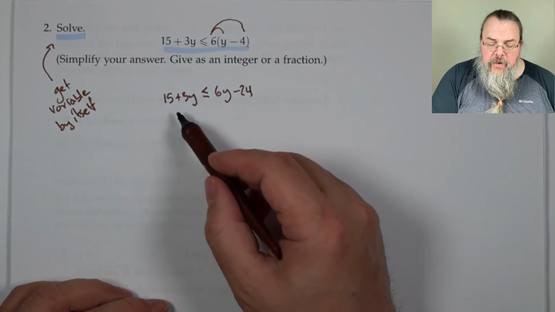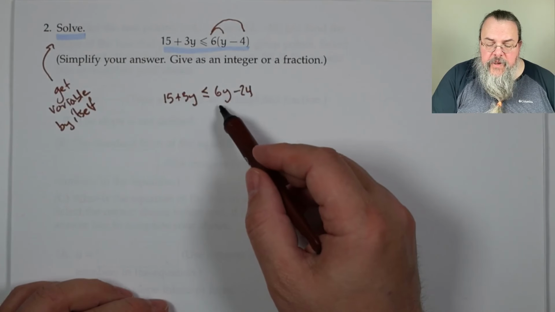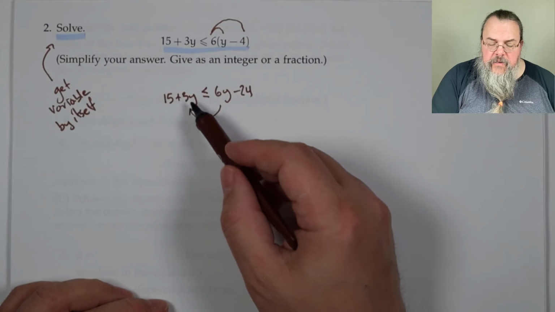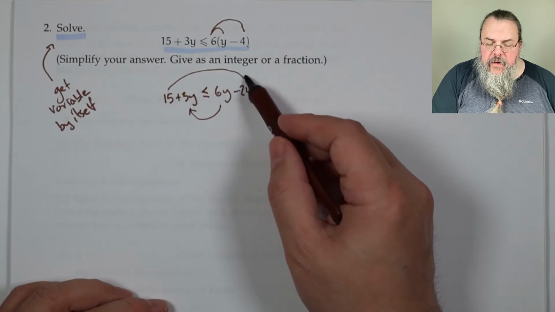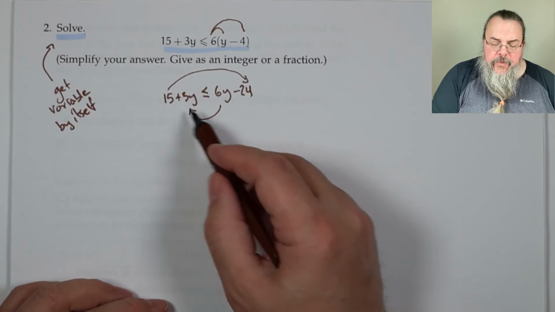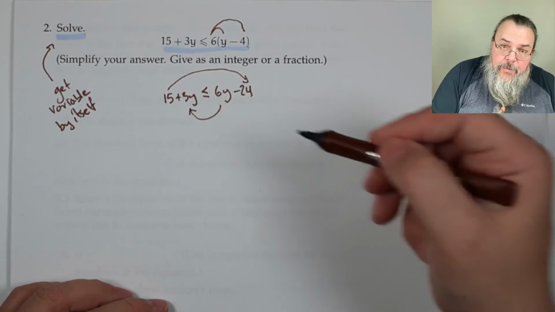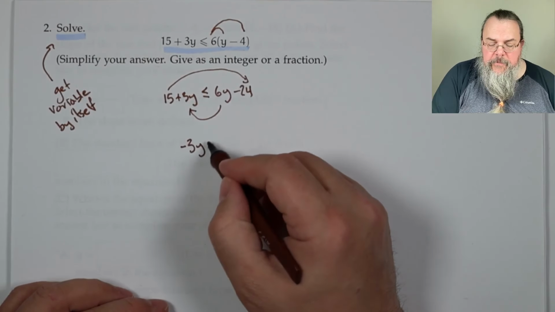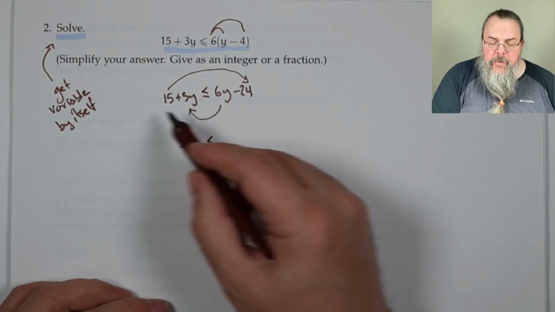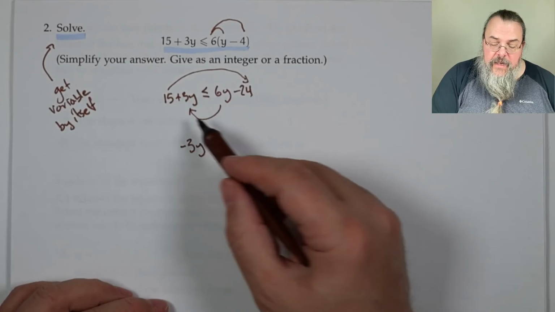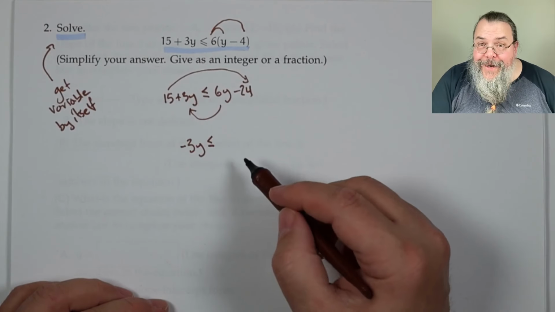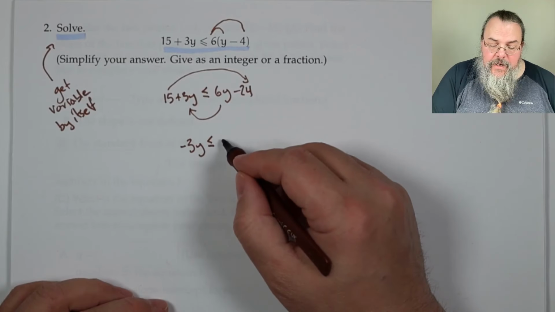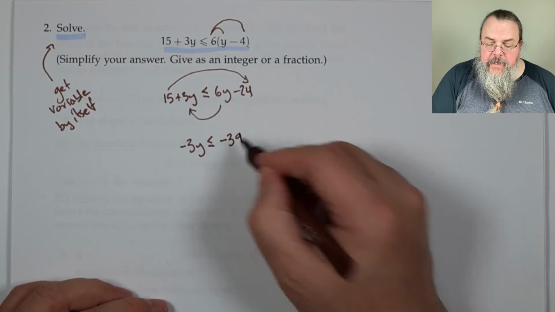Now we say, okay, we'll move things around. So I can move the 6y across, and I can move the 15 across. And if we do that, 3y subtract 6y, so we move things across by subtraction, would give us negative 3y. And here, we'd subtract 15. Negative 24 subtract 15 would be negative 39.